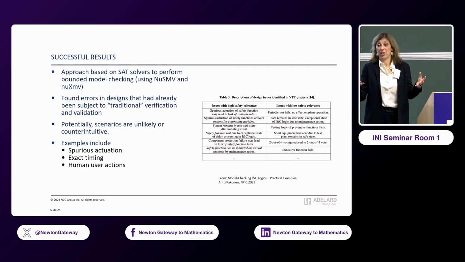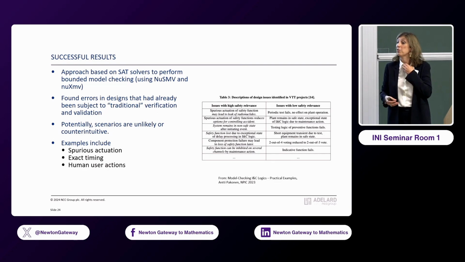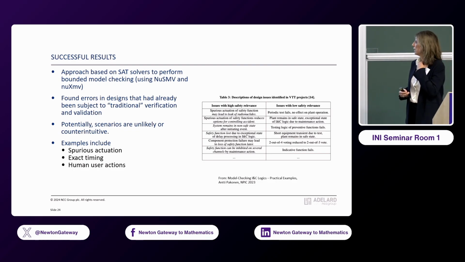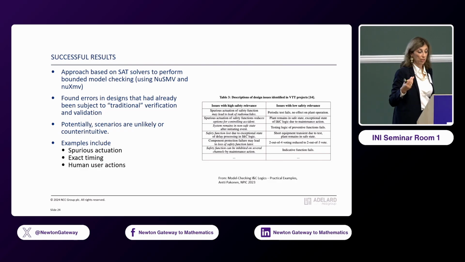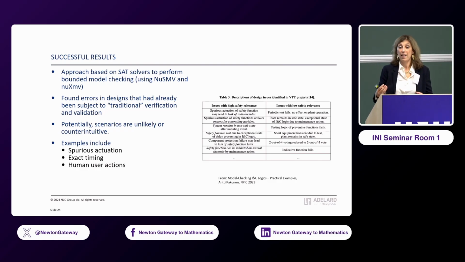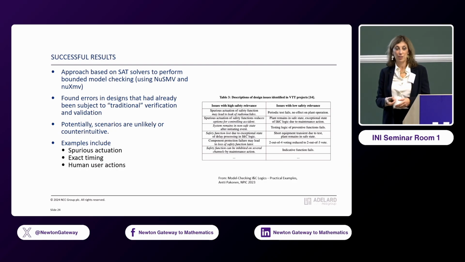Because model checking looks at all the scenarios, you can find timing issues that are very difficult to find in testing. This table is from someone in Finland who's been working on this, and people are really starting to see the value of model checking.